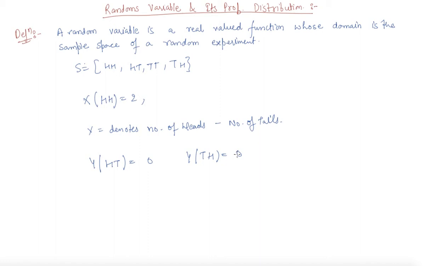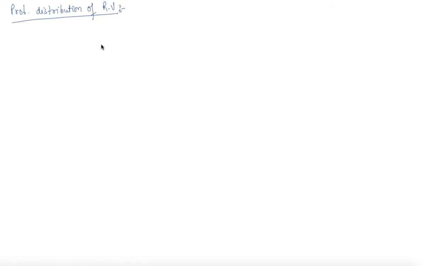Now we'll discuss the probability distribution of a random variable. Let me delete this. So students, let us consider that there are 10 families in a society. Each family has, let's say family number 1 has 3 members, family number 2 has 4.